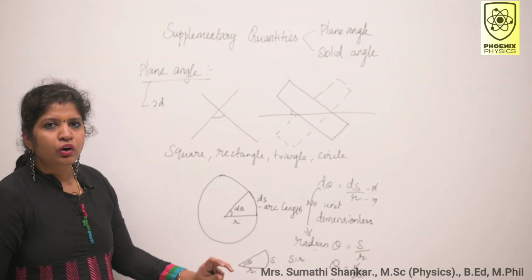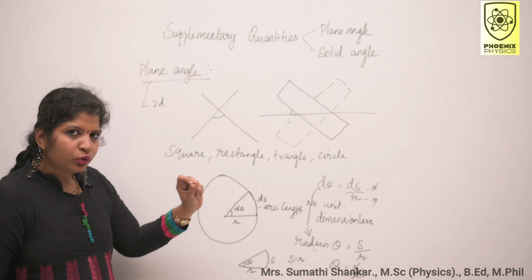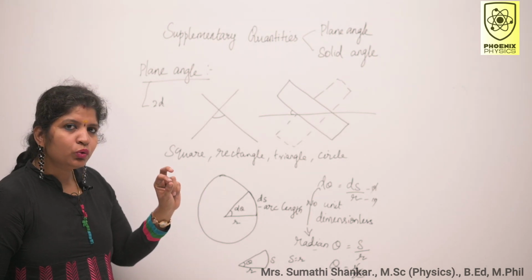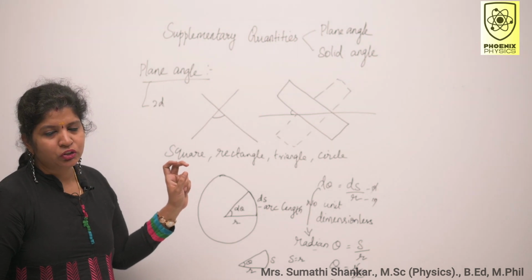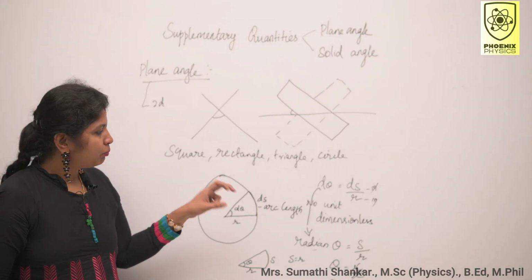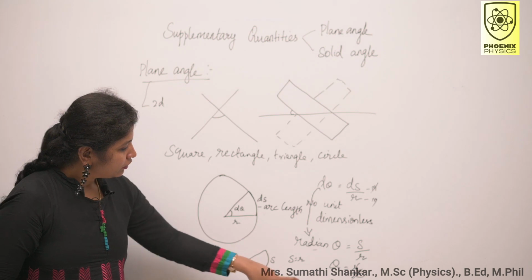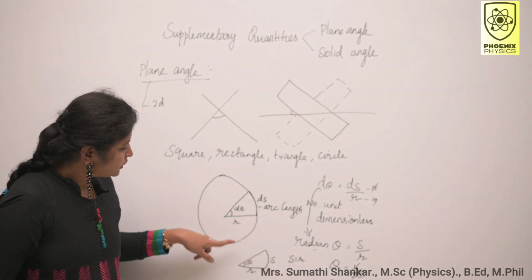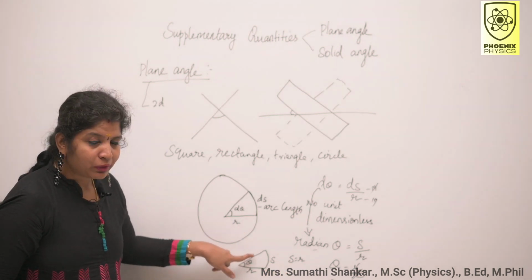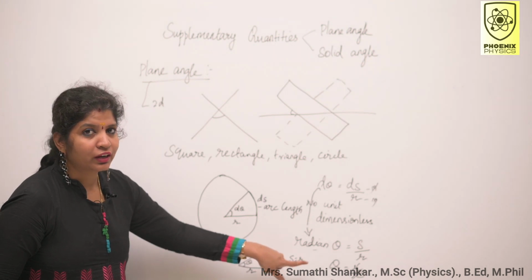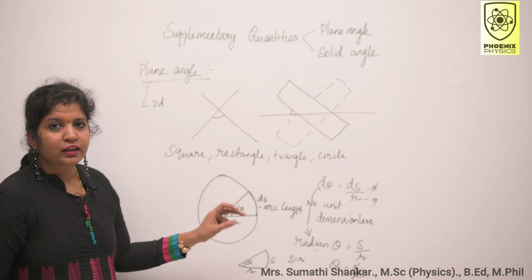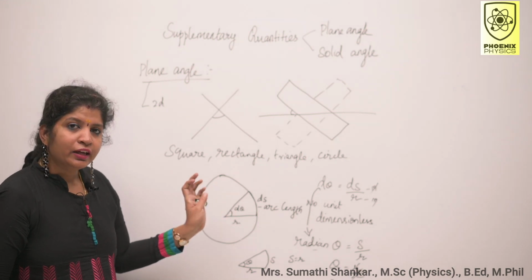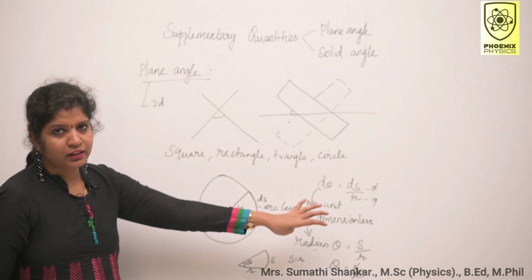Now, in our day-to-day life, we use degrees for angular measurement, right? But here we are denoting this theta, that is angular measurement, in terms of radian. Now we will find out the relation between radian and degree.